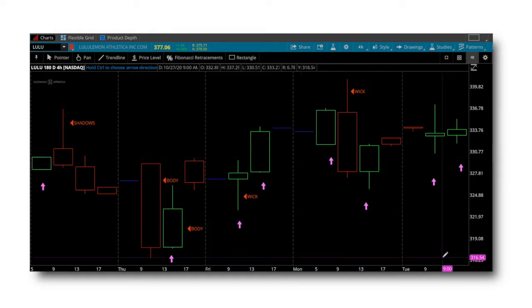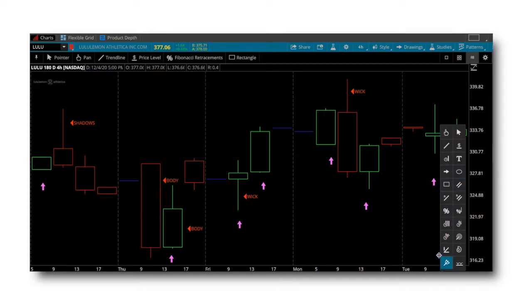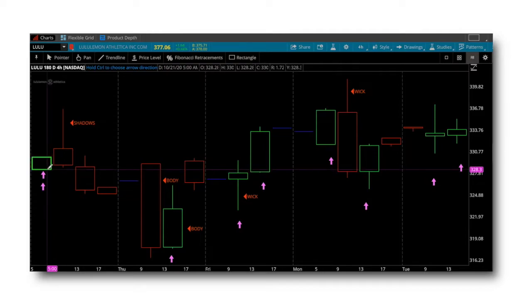So that's bullish price action. That basically tells you that in this particular one, the price went from 328.3 all the way up to 329.93, right? So that's bullish because it goes up.